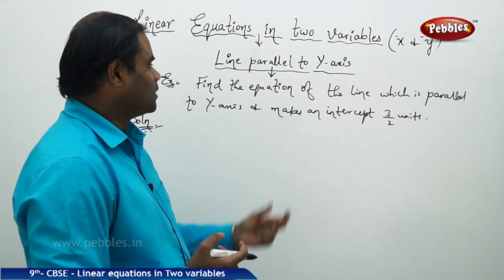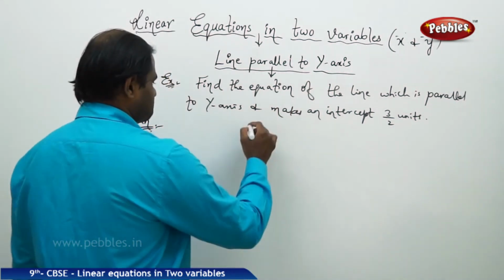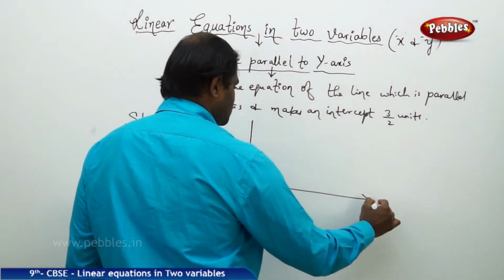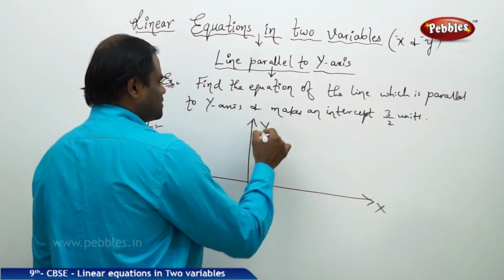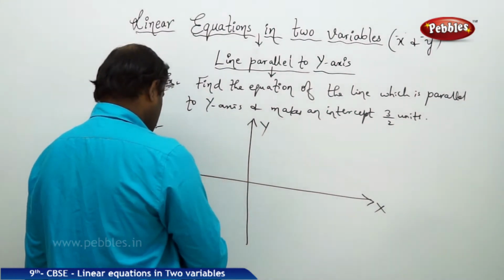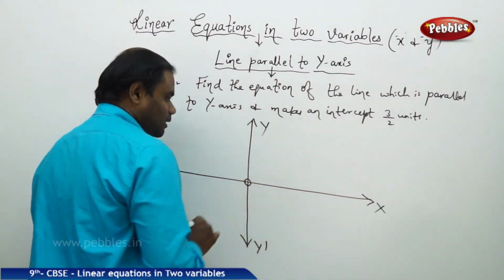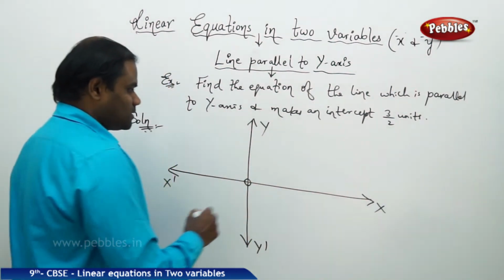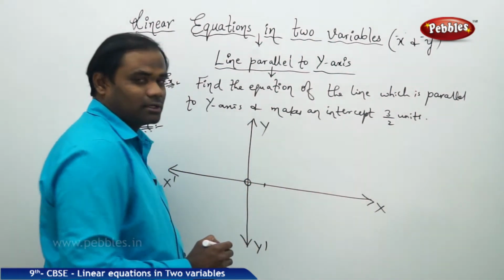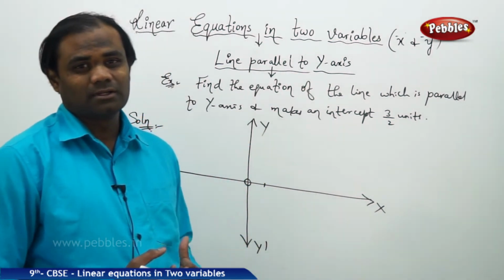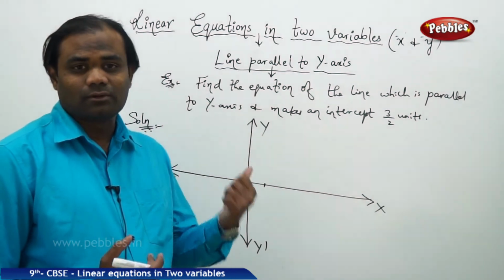So let's see how it makes an intercept. As I take the Cartesian plane with x and y-axis intersecting at origin, let me take a scale of 1 centimeter equal to 1 unit on x-axis and 1 centimeter equal to 1 unit on y-axis.